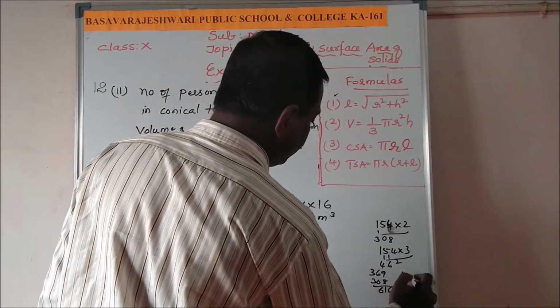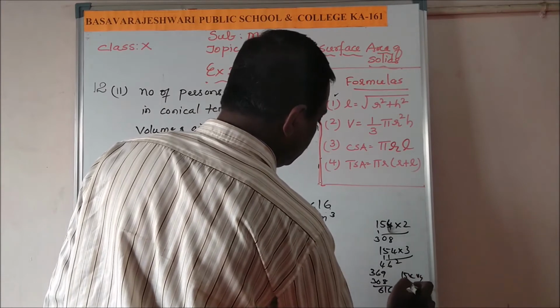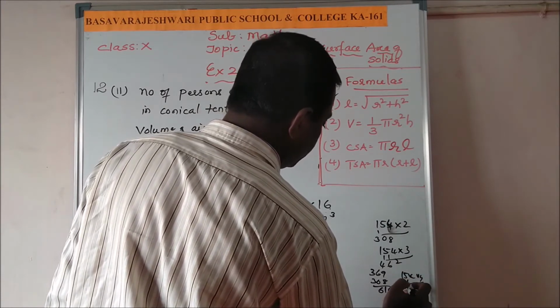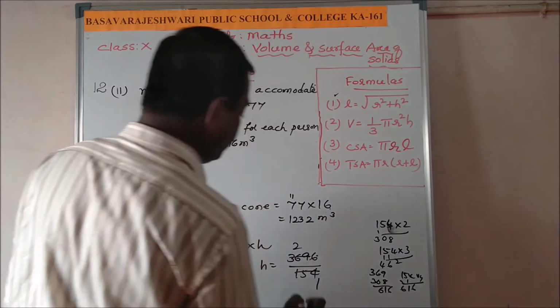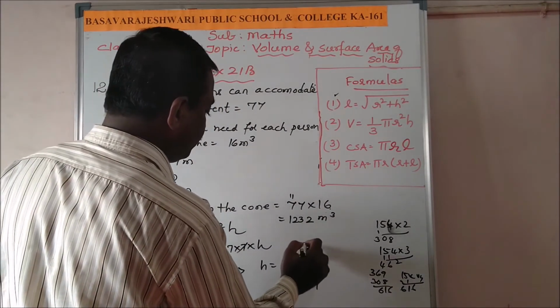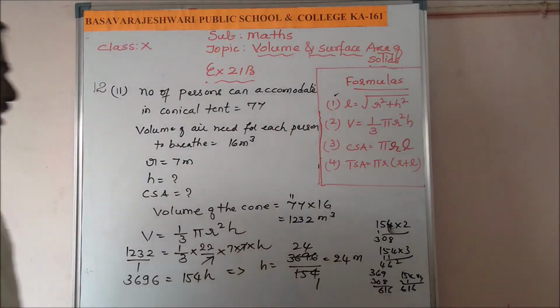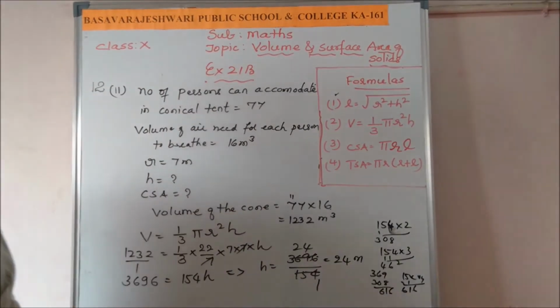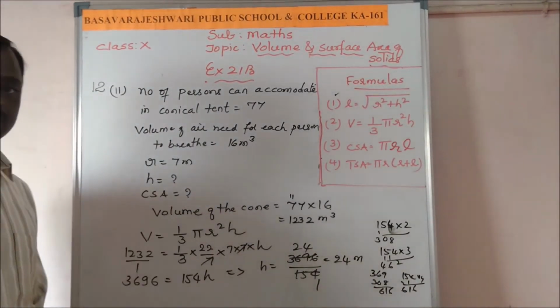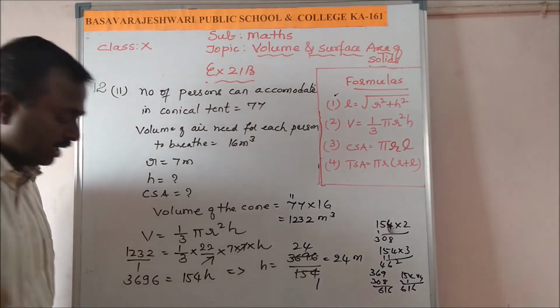So h is equal to 24 meters. We got the h value. Correct? Next, I will find out the curved surface area.